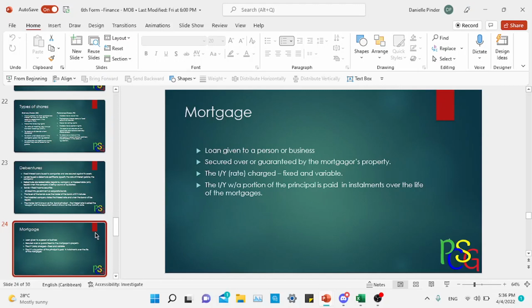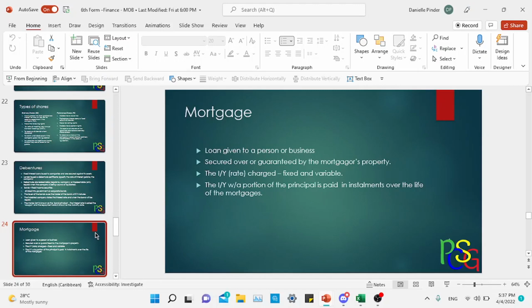And so you know that in any loan there's always interest, right? And so the interest can be fixed or it can be variable, right? And what variable means is that it can change.